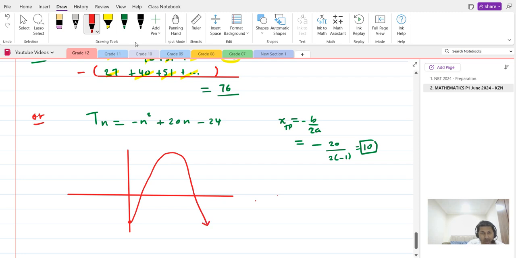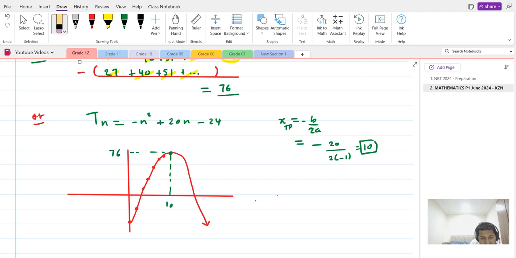What we notice is that at 10 the graph reaches a maximum, and the maximum value is 76. Look at all the values before this. At 1 the value is negative 5, at 2 it is 12, and so on, because these points are symmetrical.